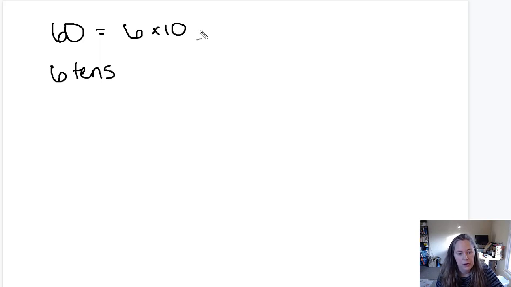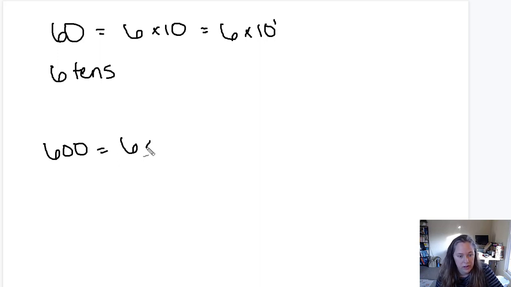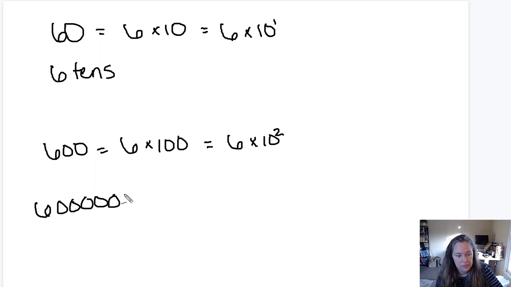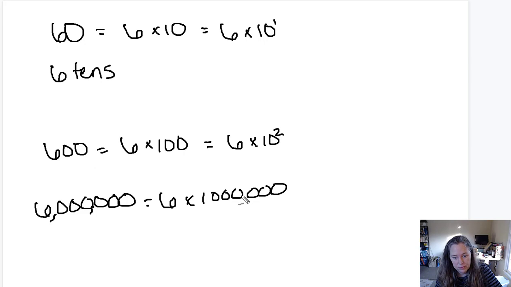If we were using exponents, we could say it's 6 times 10 to the 1. 600 is 6 times 100, 6 hundreds. Or we could say 6 times 10 to the 2. So 6 million is 6 times a million. Or you could say 6 times 10 to the 6.